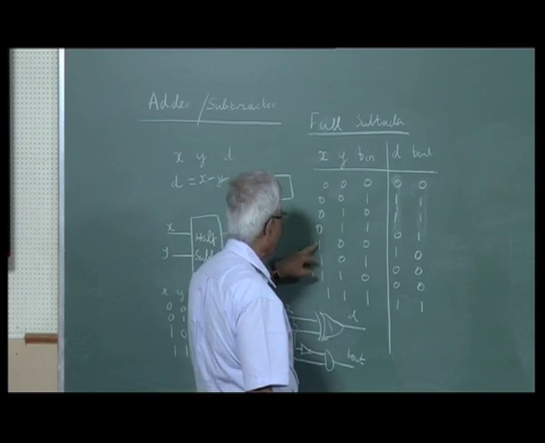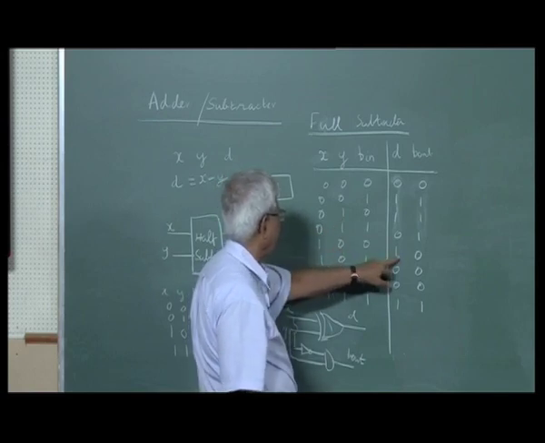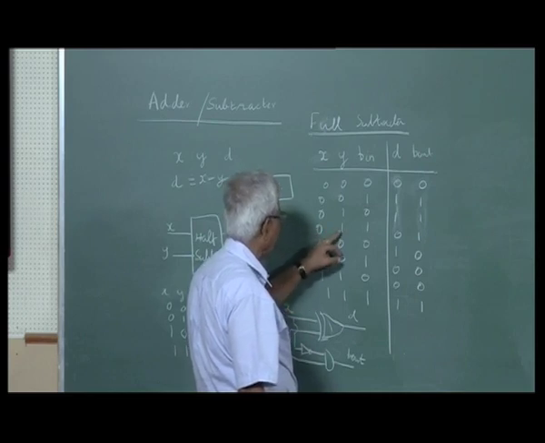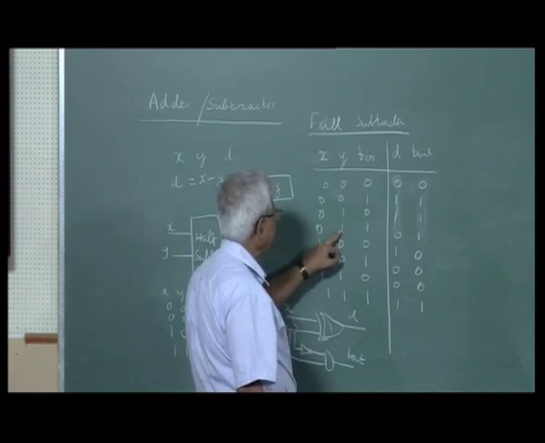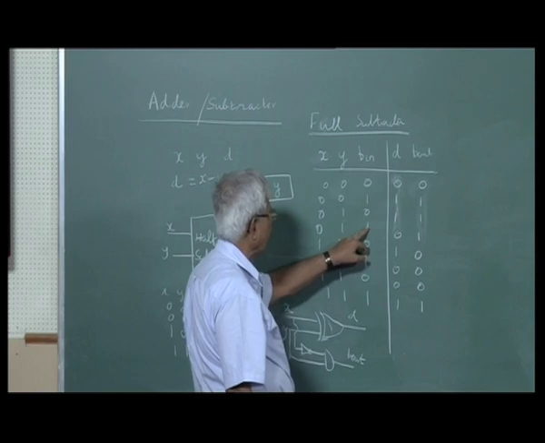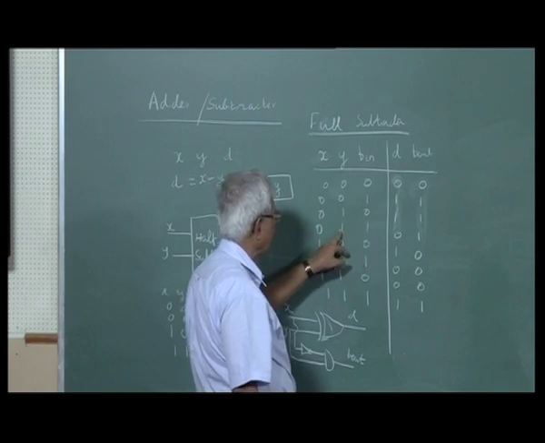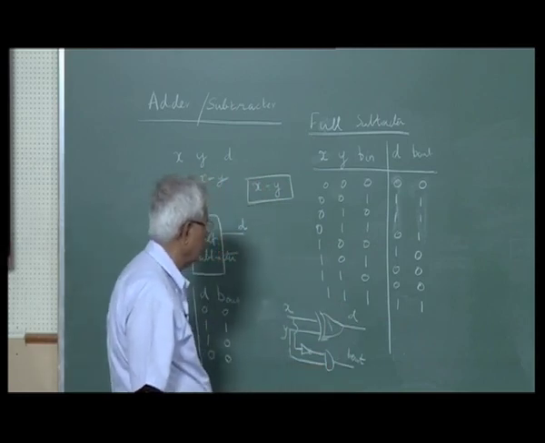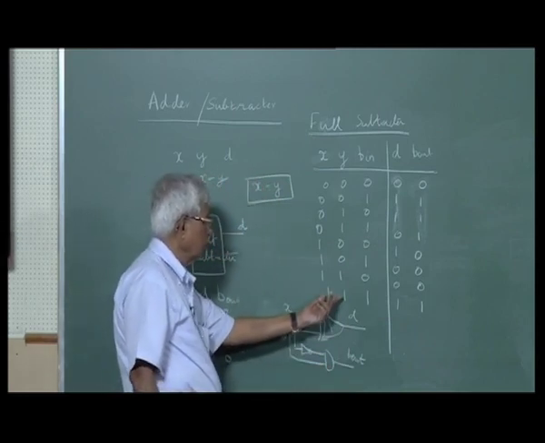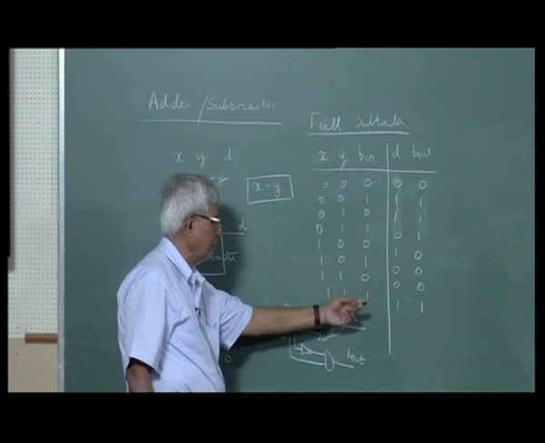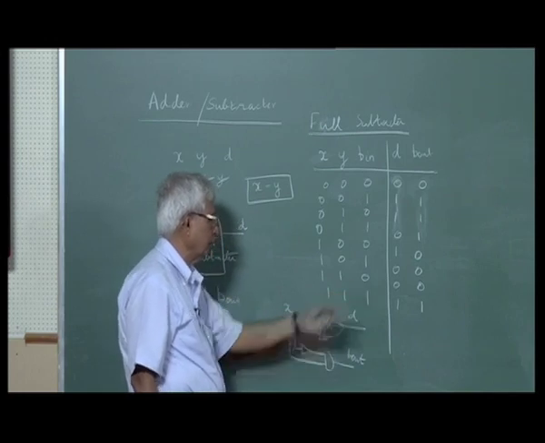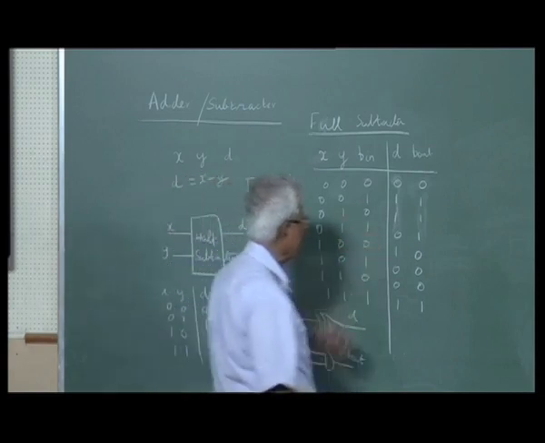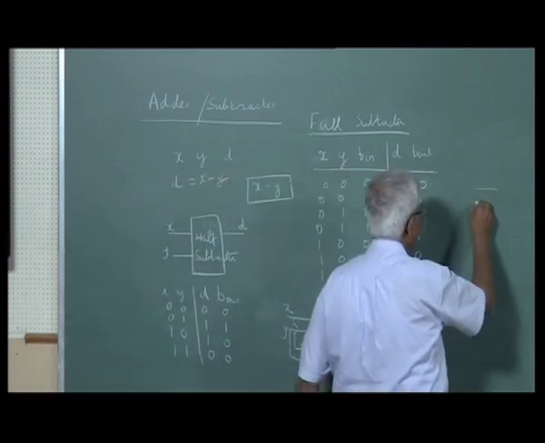If x is 1 and y is 0, you have output 1, no borrow. If x is 0 and y is 1, the output is 1, because borrow in is already 1, so you already borrowed, so it becomes 0, but then borrow out is there. Here of course both are 1, I have already borrowed 1, so it becomes 1 and a 1. Circuit is same for this, like full adder.